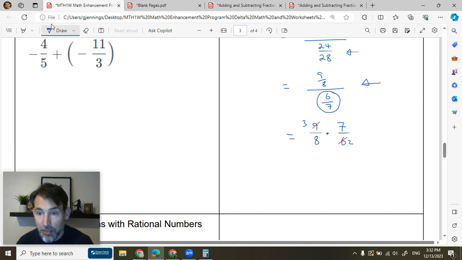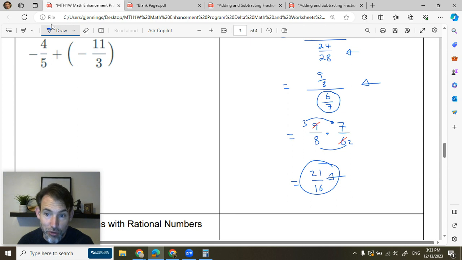Now I can multiply them in. This is 3 times 7 on the top is 21, and 8 times 2 on the bottom is 16. 21 over 16 is my answer, and then we're done. 21 doesn't have any factors of 2, and 16 is just 2 times 2 times 2 times 2. So we're finished. That's that.